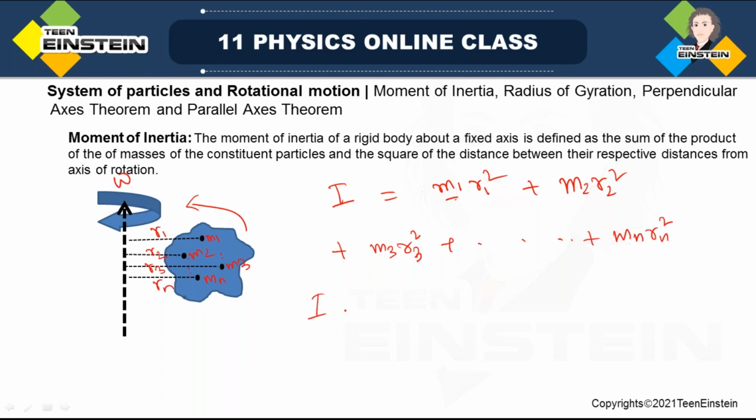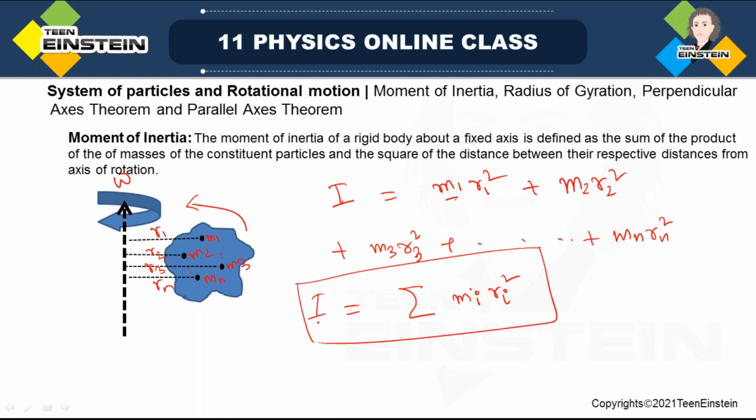So this is the definition of moment of inertia for this whole object. For the whole object, I can write in terms of summation, mi ri square, with i going from 1 to n.